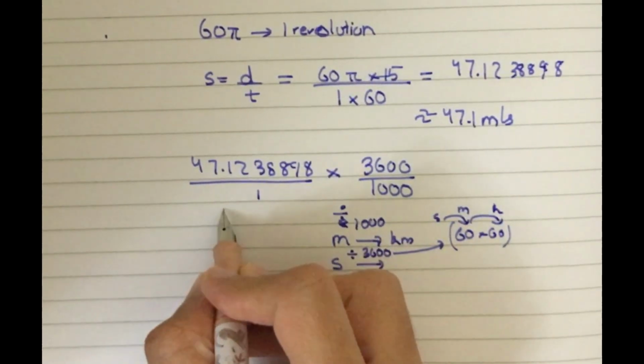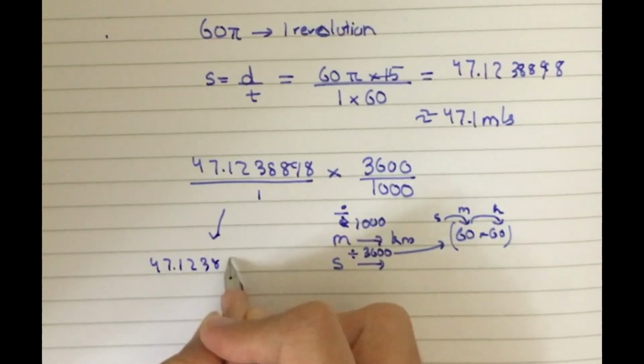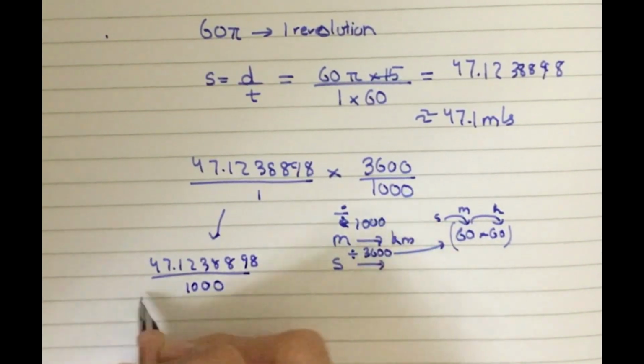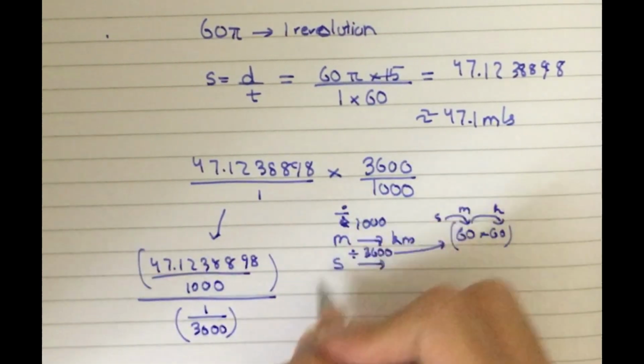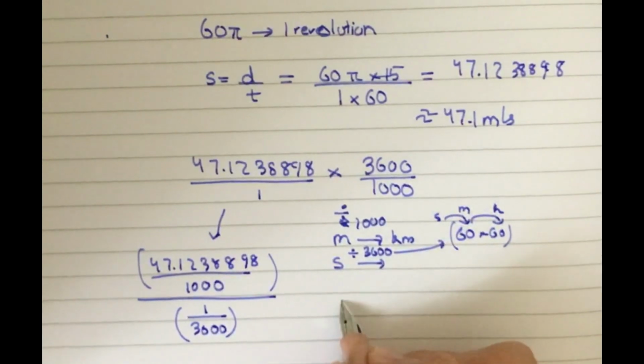Or if you want to visualize it another way, you can do it like this: 1 by 1000, and then 1 by 3600. It is the same thing. You will get the same answer as this thing over here.